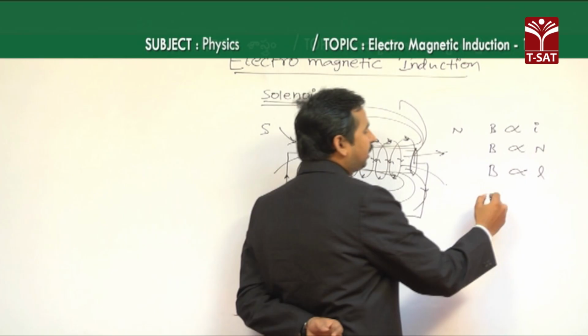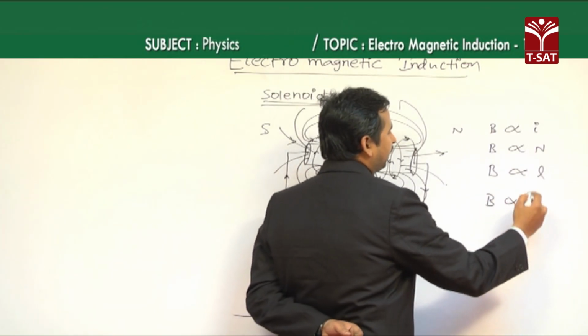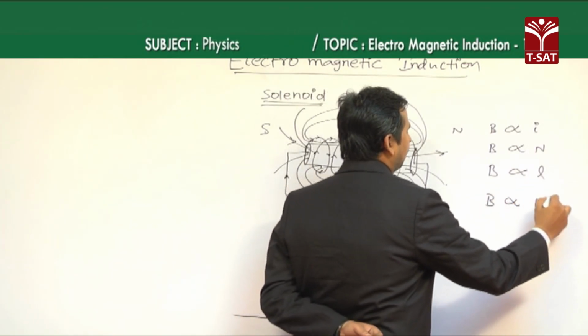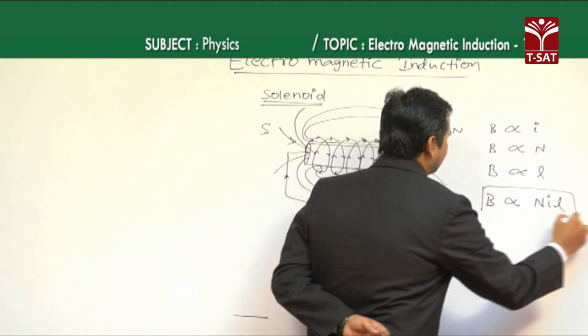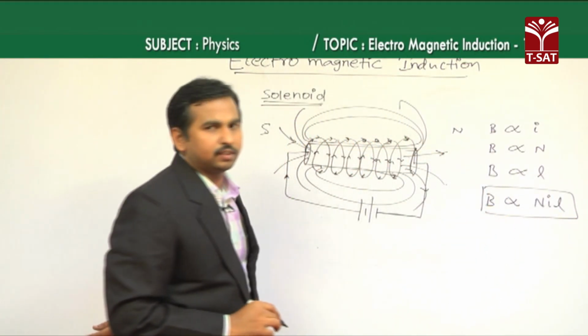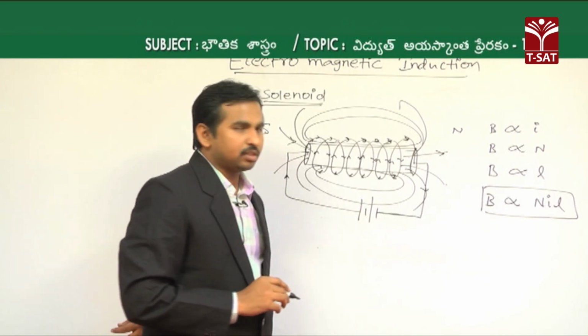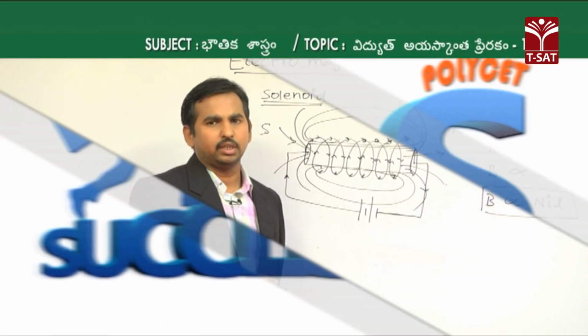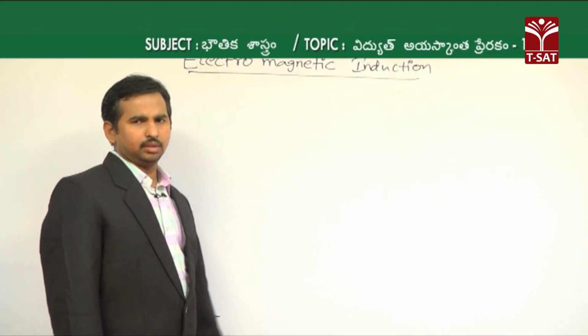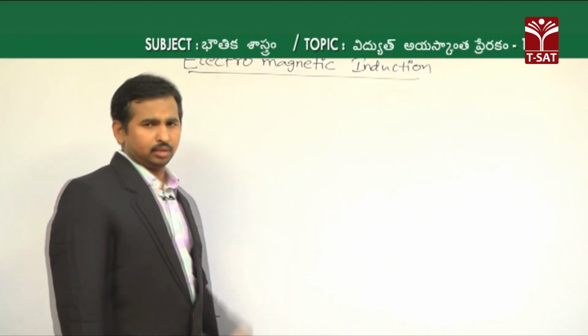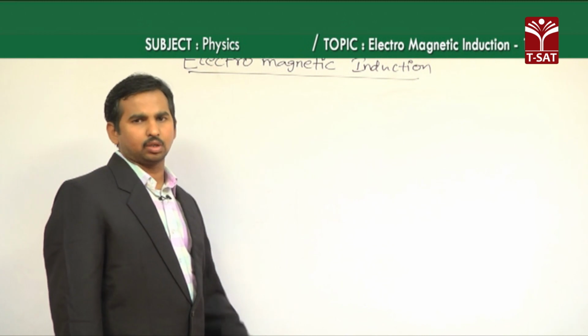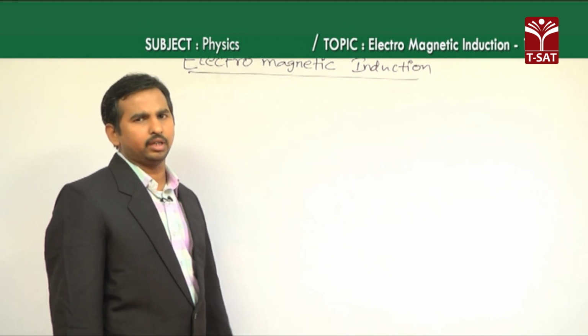The magnetic field strength is directly proportional to N, I and L, where N represents the number of turns, I represents the current in the wire, and L represents the length of the solenoid. Till now we have seen the magnetic lines of force around a straight conducting wire, a circular coil and a solenoid.